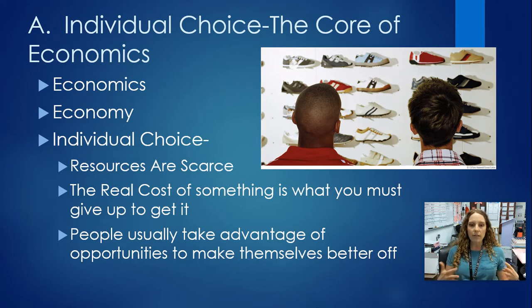We do things that are going to make us better off. Even if it's doing something nice for somebody else, there's value in that for us, whether that's just making us feel good or using that as collateral later on when you need a favor. But we operate under these basic principles that resources are scarce. There's not enough of everything to go around, and there never will be.